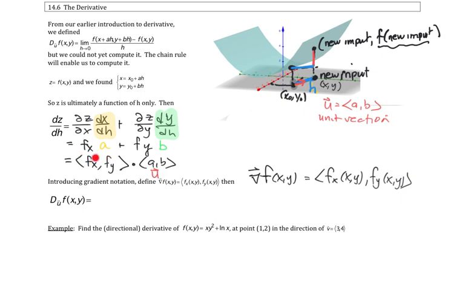But that's exactly what this is, partial x, partial y. So another way we could write this derivative is the gradient of f at x and y dotted with u. That's my dz dh. That's one and the same.